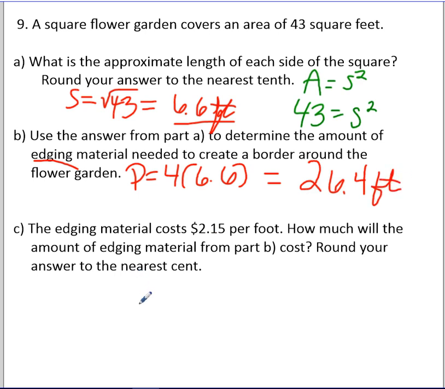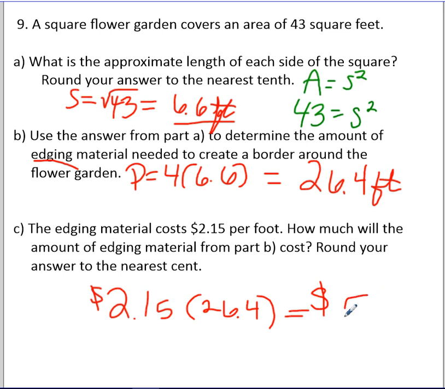And now we have $2.15 per foot times 26.4 feet of edging to make it, without tax, a cost of $56.76.